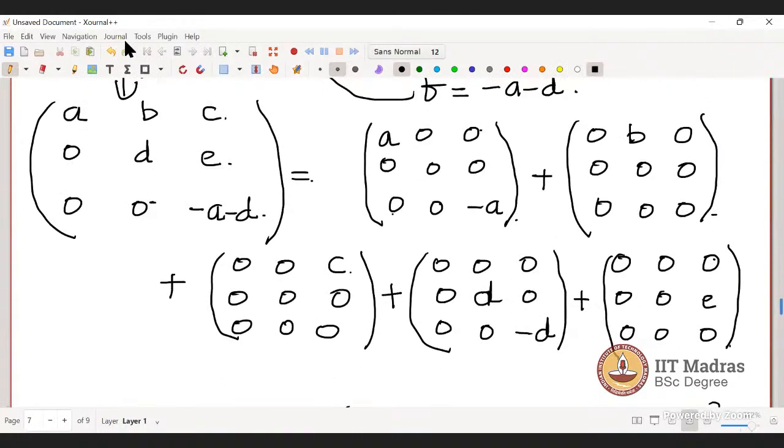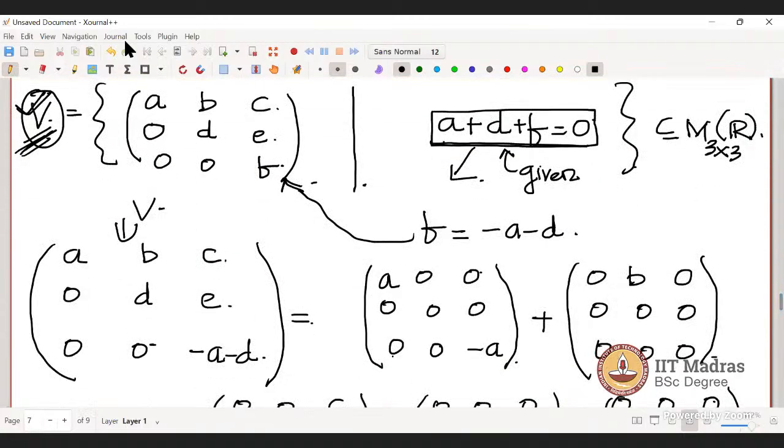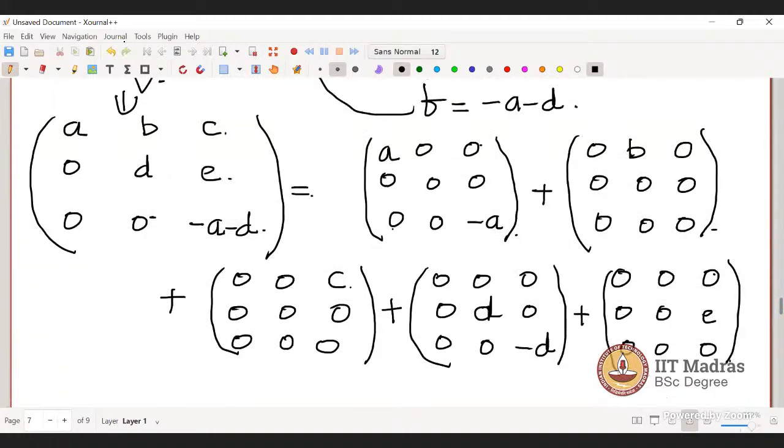So the thing is, this is my space, and I can write an arbitrary element of this vector space as a linear combination of these 5 matrices.